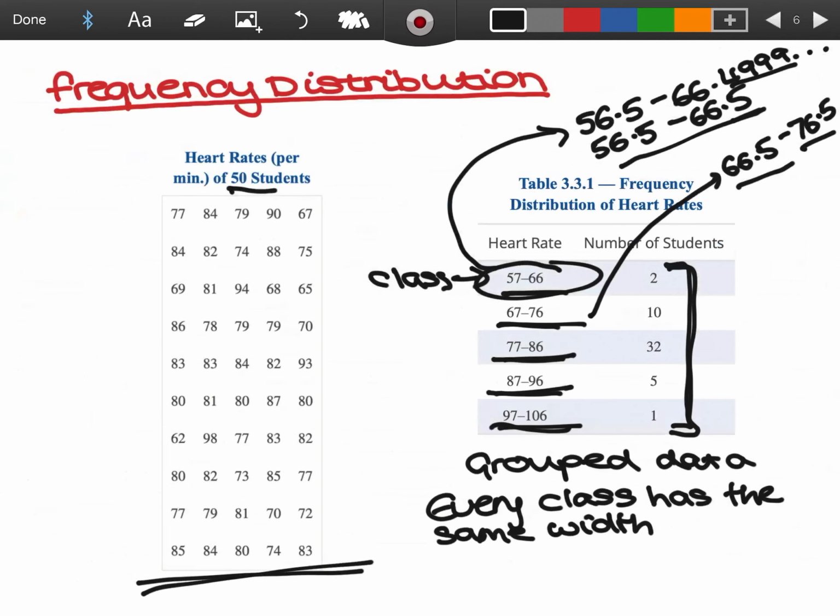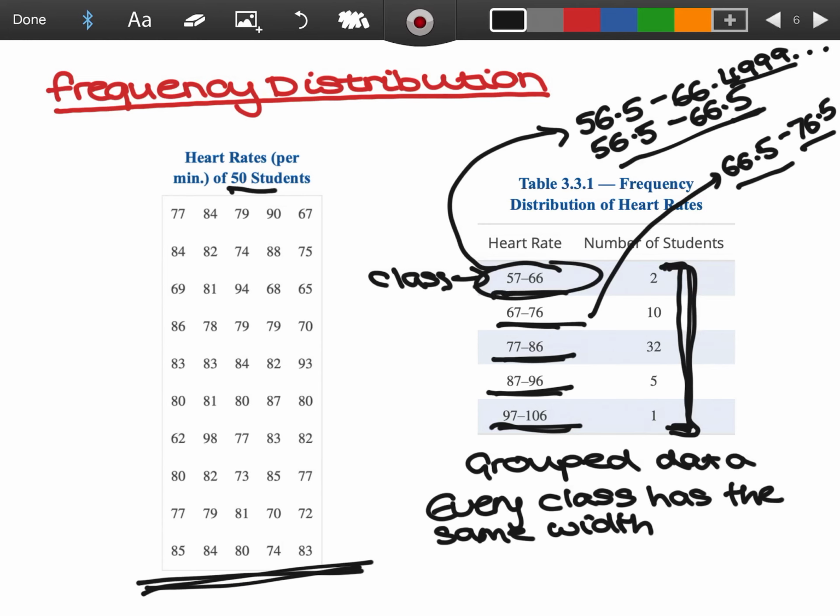So whenever you get one of these questions, it's normally one of these three questions. It will be either find the width of the class, find the midpoint of the class, or they may give you a set of data like this and they may ask you to fill in the frequencies of each of the classes. So they will say to you, how many times did this particular class happen?